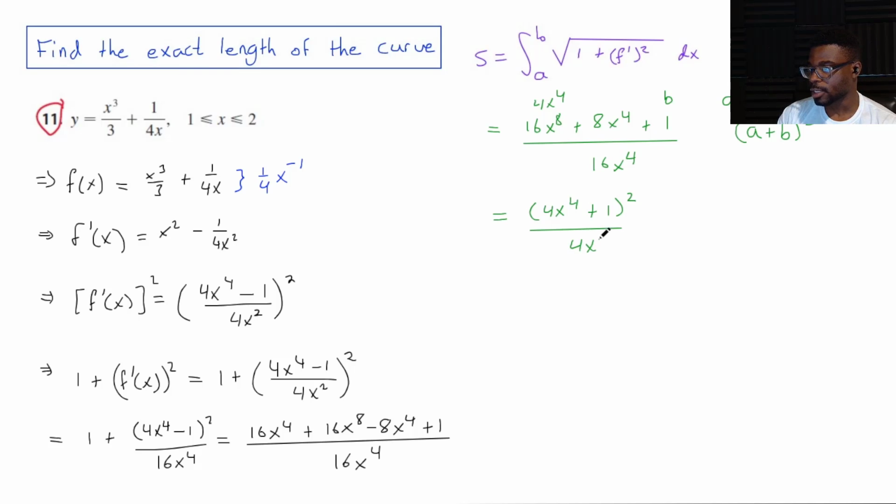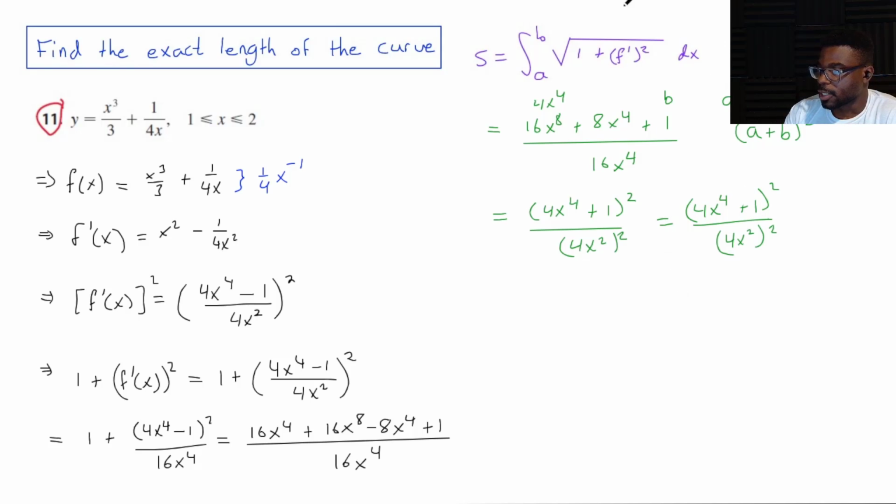So this is (4x squared) all squared. Right, so this can actually just be written as (4x to the power of 4 plus 1) squared divided by (4x squared) all squared.